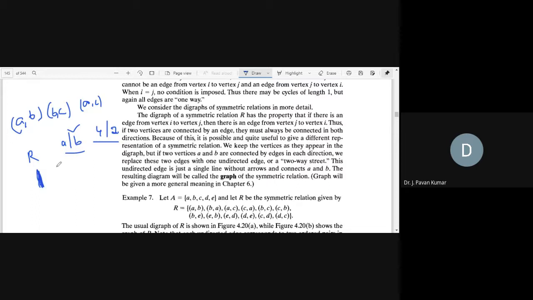Now 16 divides 4. Sorry, 4 divides 16. Okay, 16 comma 4 belongs to R. Next, 4 divides 2, so 4 comma 2 belongs to R. Can we say 16 divides 2? Yes or no? Is it true? If this is true, then can we claim like this?